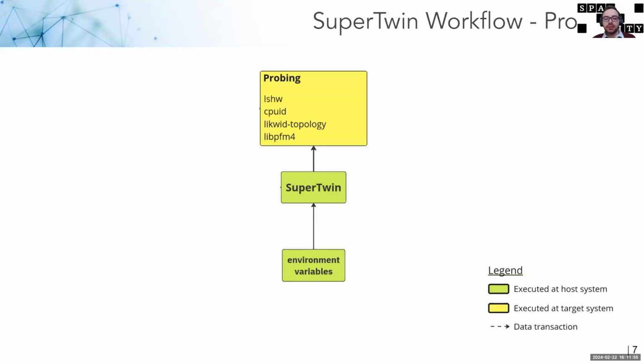Target systems need to have these tools installed before the probing starts, but since they are so common in the Linux ecosystem, installation generally requires only a one-liner. SuperTwin sends its probing library to the target system, runs it, and copies the output of the probing back to the host system.